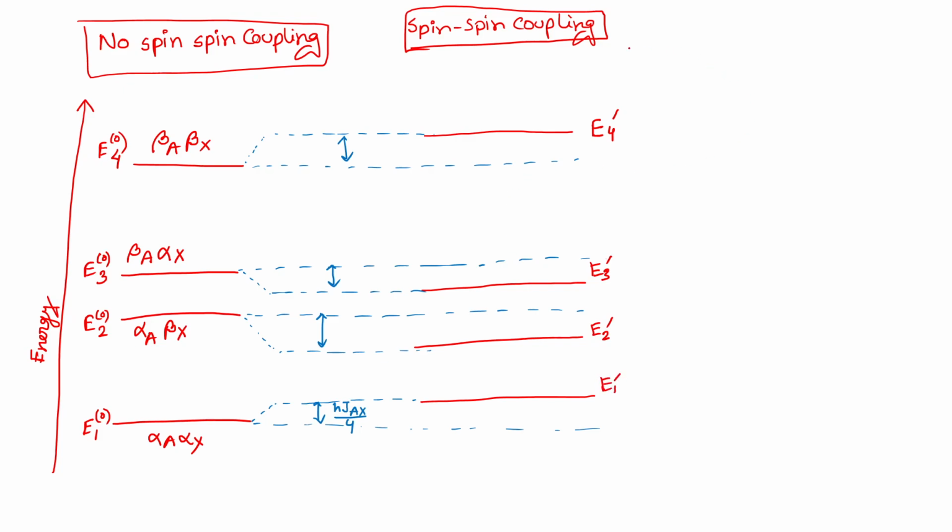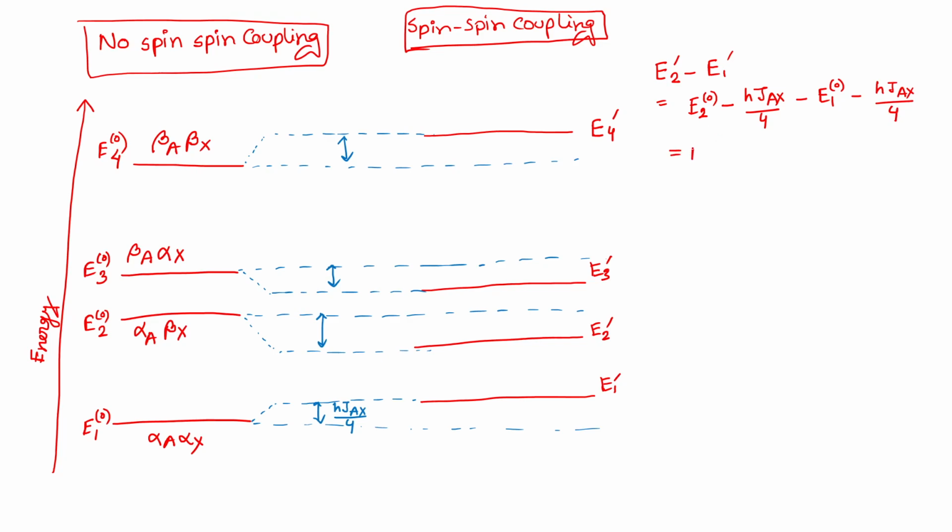But still, what is going to be the gap between E2 dash minus E1 dash? What is the new gap going to be? It is something like what was there earlier. It has been destabilized, the second energy level, right? hJAX by 4, and the second one is destabilized. So it was plus, but ultimately minus JAX by 4.